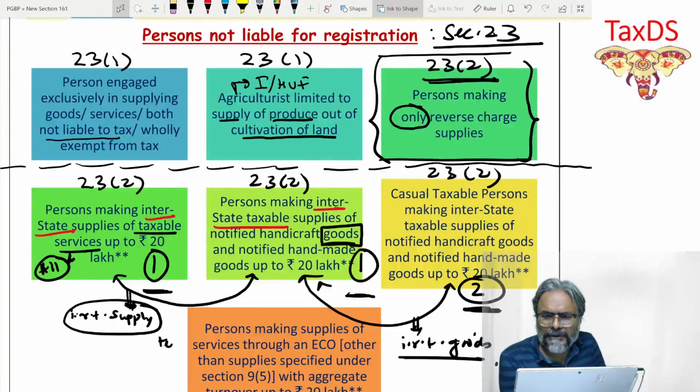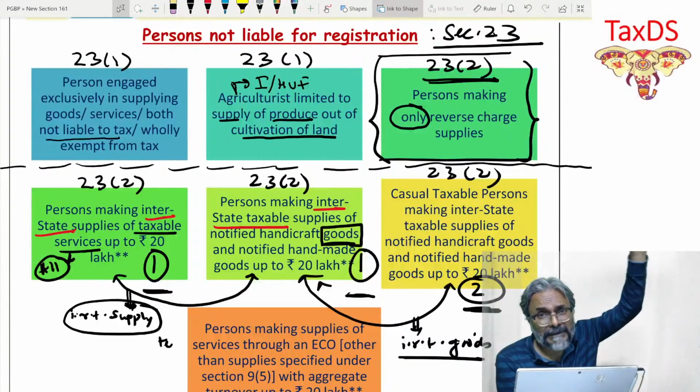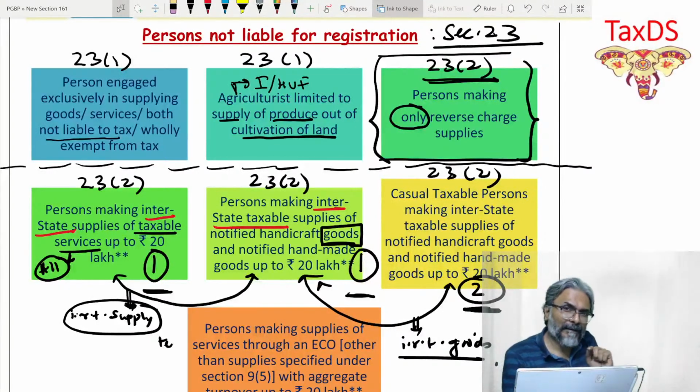Come to point number 3, students, section 23(2). Person making only reverse charge supply. Be careful here. Here the exemption is given to that supplier. The previous provision we discussed, the compulsory registration under 24, was in respect of the recipient.